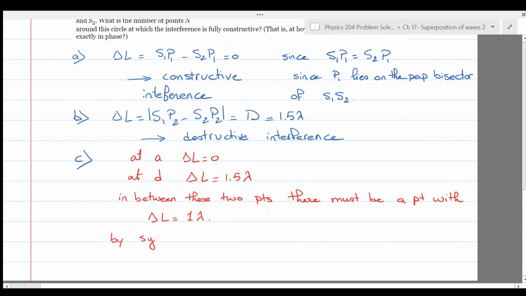By symmetry, we will have six points of constructive interference.